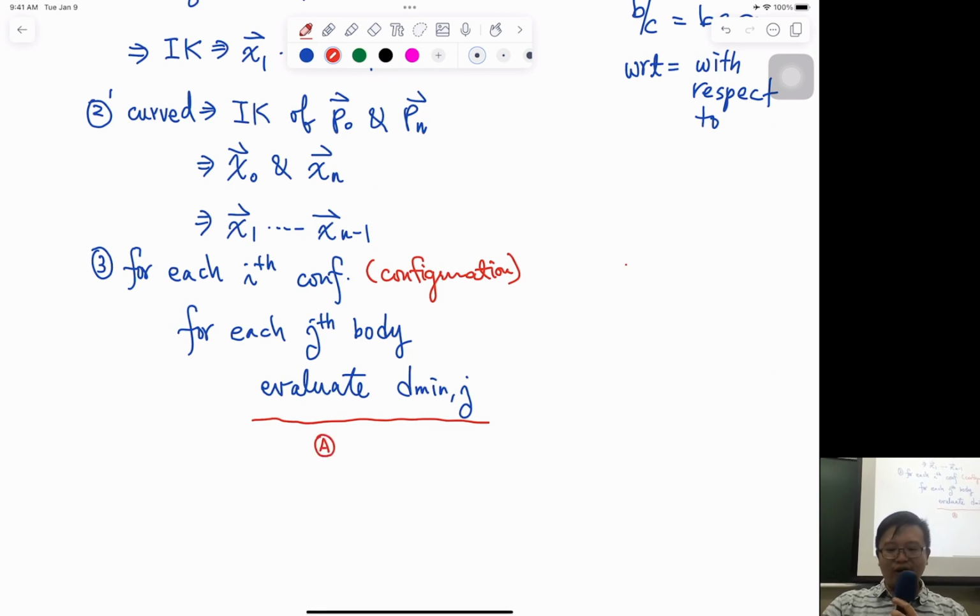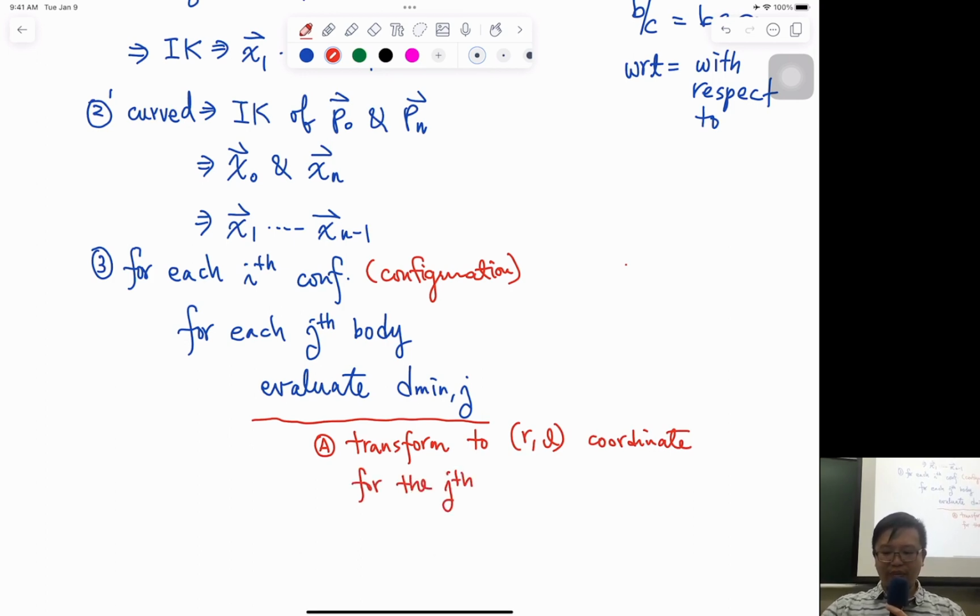Let's say you are focusing on the jth body part, so you need to transform your calculation to the R and L coordinate for the jth body at the ith configuration.